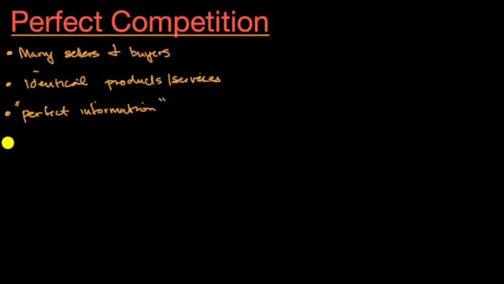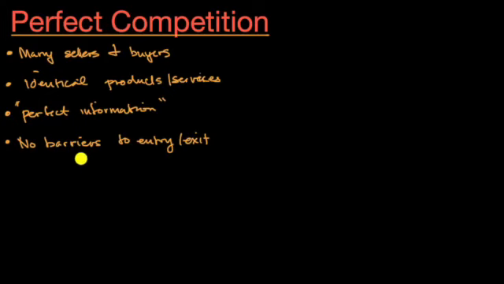So once again, this is a little bit of an abstract idea that economists have introduced to be a little bit more precise. And the last aspect we're going to talk about, and this is also something that is a bit idealized, that doesn't truly exist in the real world, though things close to this exist in the real world, is that there's no barriers to entry or exit. Now, we already mentioned some markets, say the market for agriculture. That doesn't quite have no barriers to entry or exit.